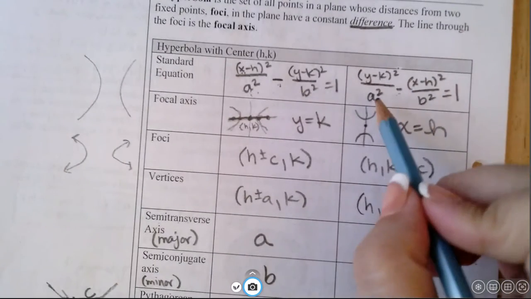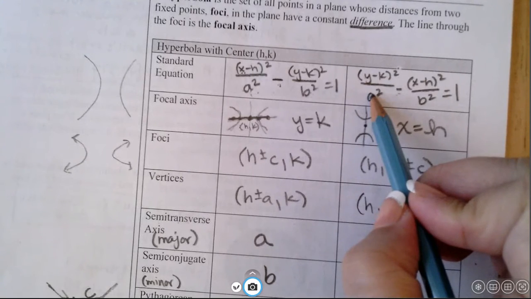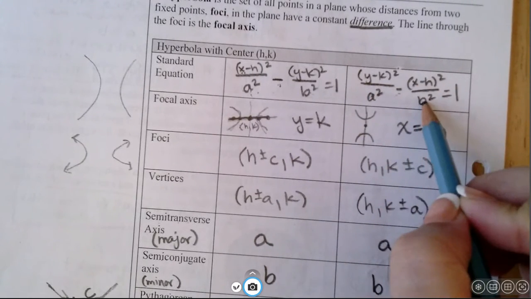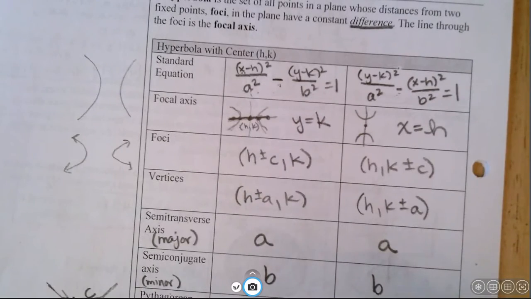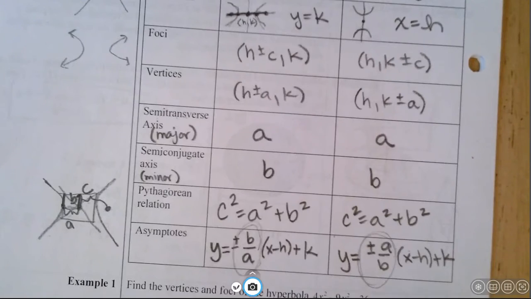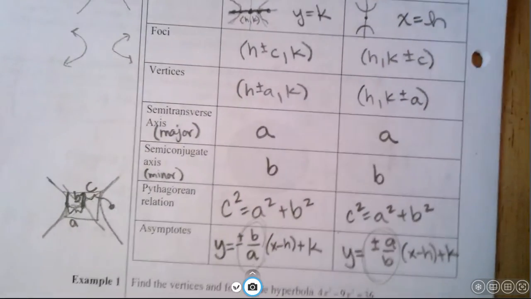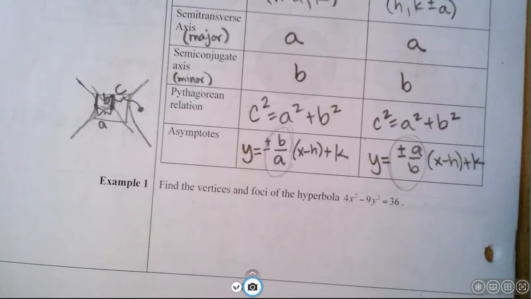Notice again, we have now my denominators, it'd be first over second, or you can look at it as the denominator under the y, which would be the rise, and the denominator under the x, which is the run. So rise over run. Okay, so that's the key to remembering how to find the slope of your asymptotes. Same as slope before. Okay, so let's do some practice problems and apply these formulas.